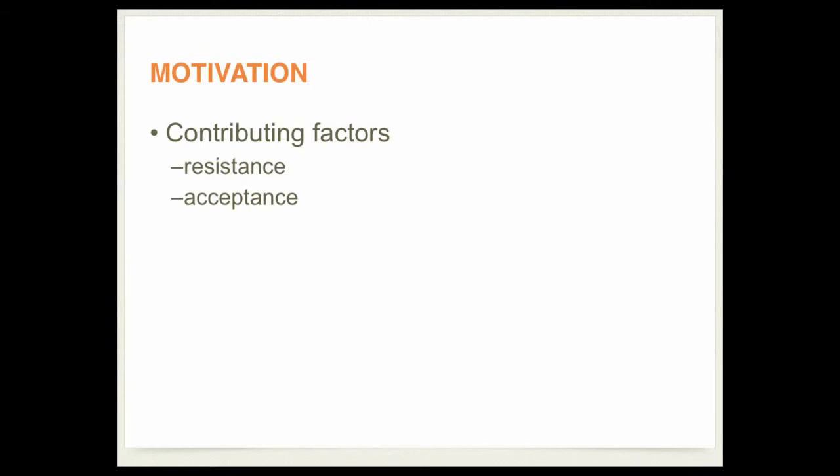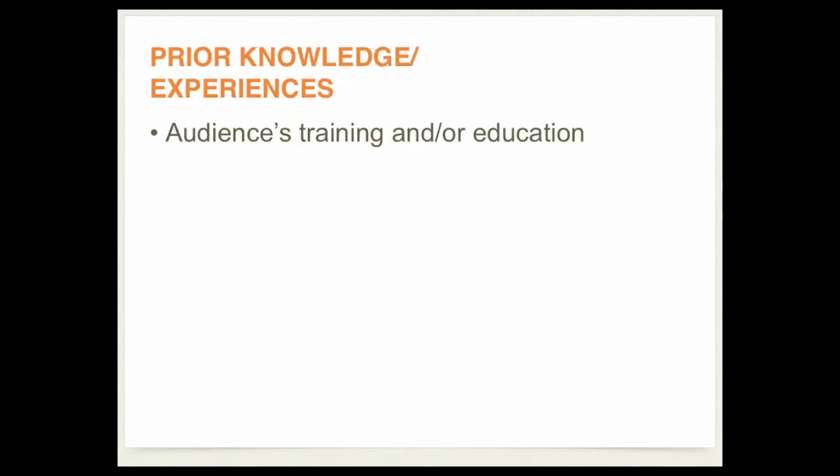If the audience is resistant, you may have to present problems, talk about alternatives, and then lead to the solution. All of this is a matter of designing to persuade. Let's look at prior knowledge and experiences. What kind of training or education does your audience have? Should you approach your design from a practical standpoint or should it be a theoretical one?